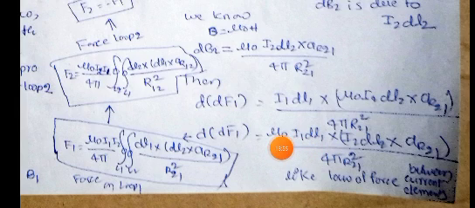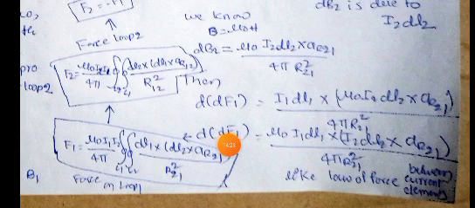Coulomb's law is meant for the law of charges, while this formula is a law of forces between I1 dL1, the first current element, and I2 dL2, the second current element, with the distance between them. It is just like Coulomb's law of force for charges, right?